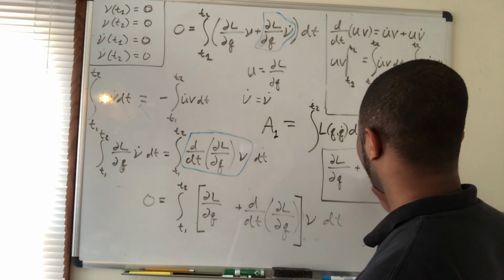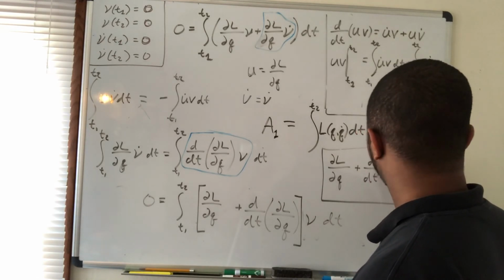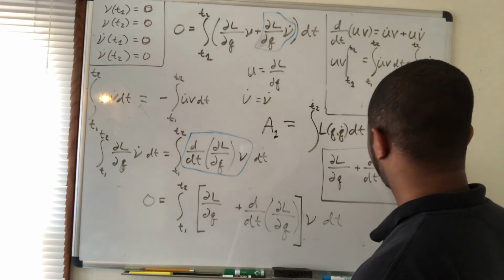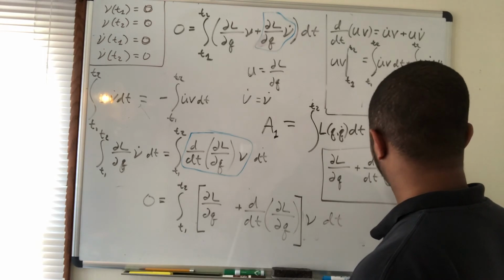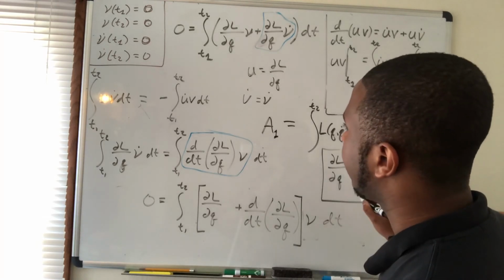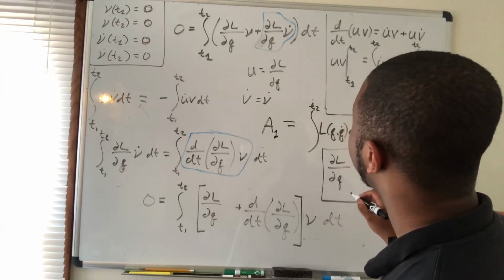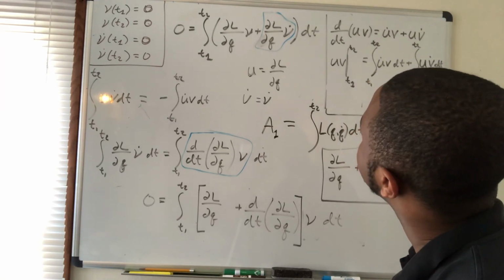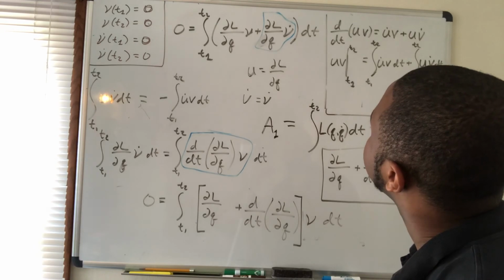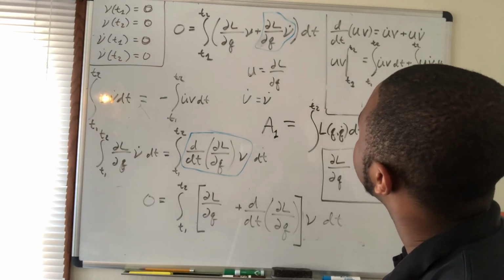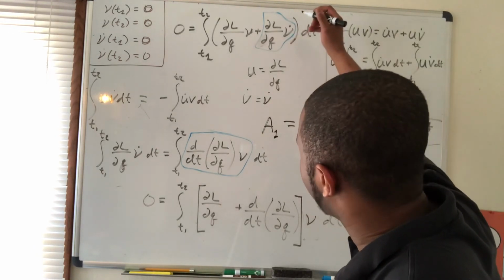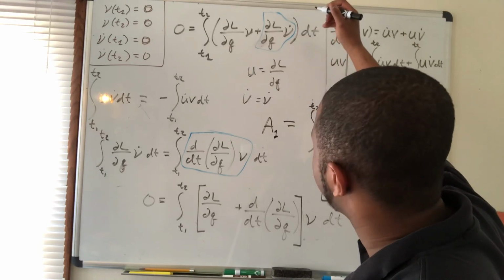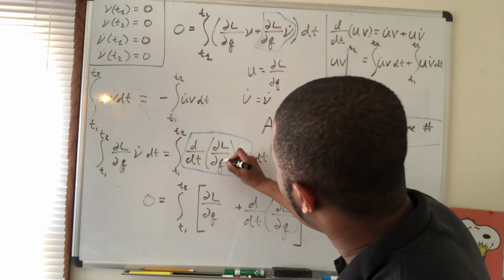So dt. Oh, hold on. I missed somewhere. I missed a q dot somewhere, and I think I missed it here. Did I miss it there? Yes, I did. That should be q dot.